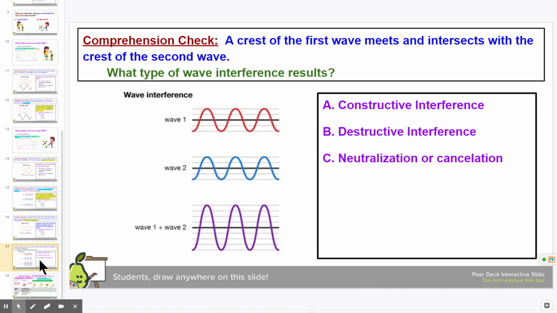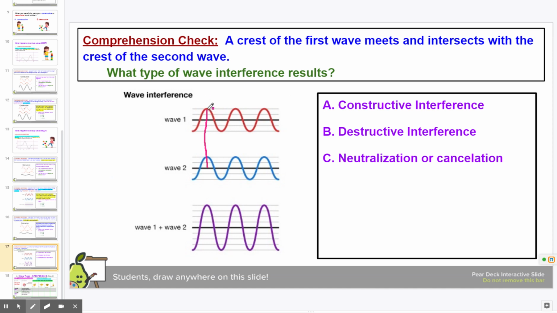So what type of wave interference is this? Just to twist a question around and try it another way and make sure we know our vocabulary terms. Well, see what you have lined up. Is that 2 crests, 2 troughs, or a crest and a trough?